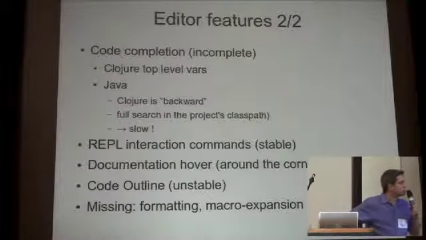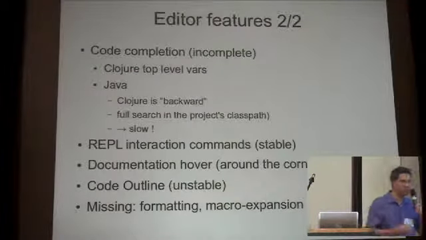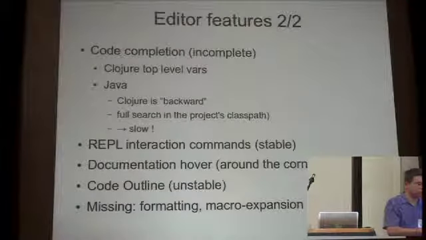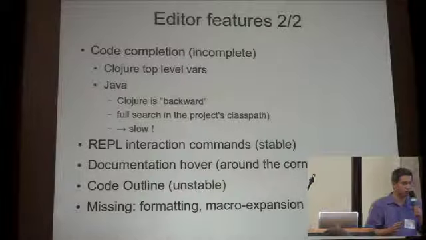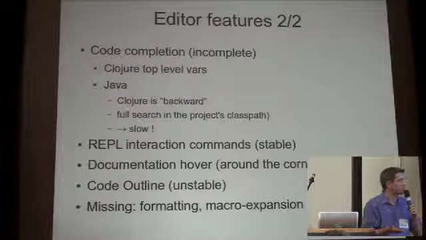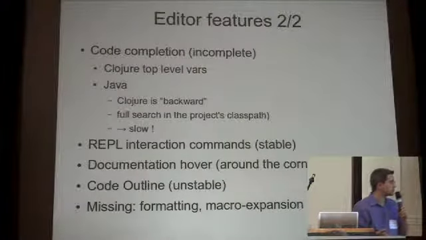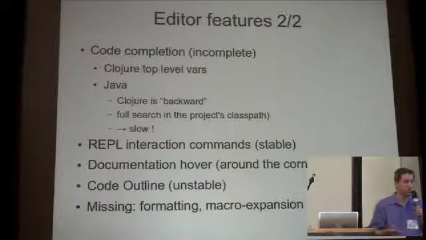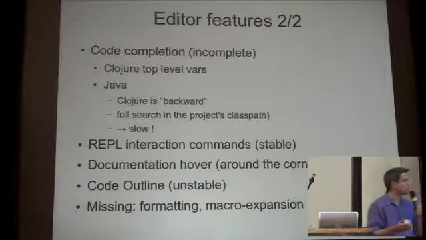Currently, it works by doing a full search in the project's classpath. So you can be assured that you will spot the method you're searching for, but it's really slow. We'll try some more focused heuristics in the future.